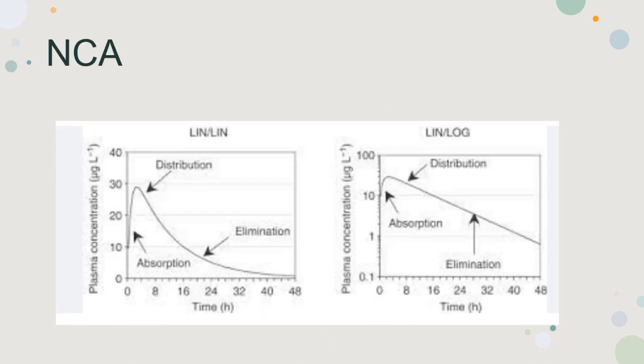So there's something called non-compartmental analysis, or NCA, and basically you're just assuming that the whole body is blood, and that's because you give a person or an animal a drug, and then you check the blood level and assume everything is blood.